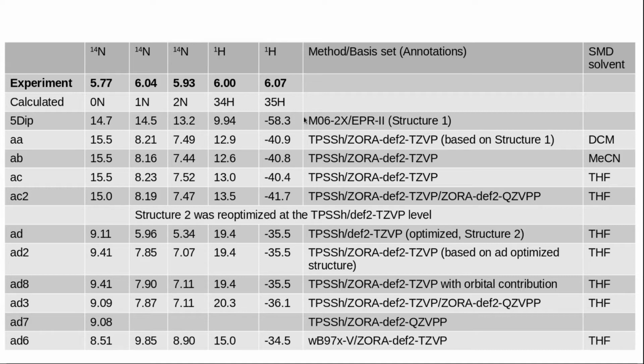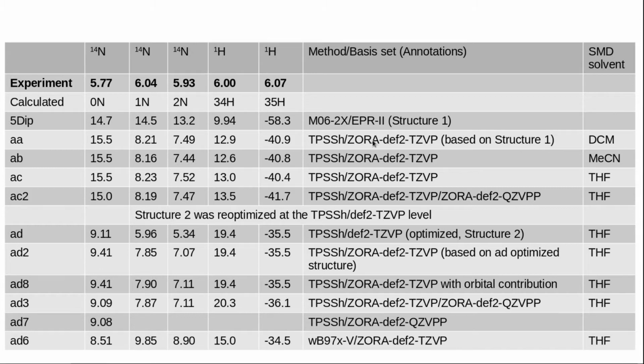It was done by other authors in the paper, but then I started calculating for the same molecule with different options. So this is TPSSh, which is a functional which I really like and usually get nice results for EPR related properties, spin densities and other characteristics, and using SORA def2-TZVP.